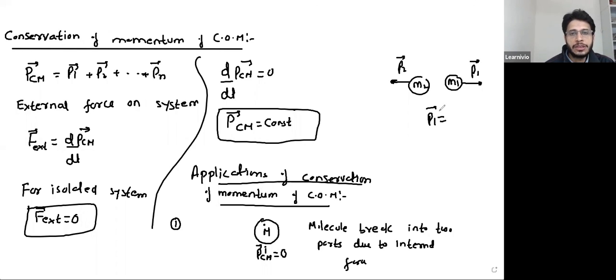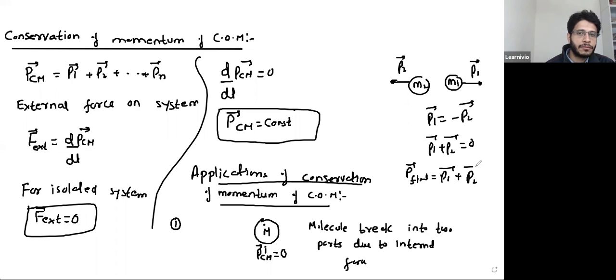Like P1 is equal to minus P2, which means P1 plus P2 equals 0. And this is the final momentum of the system. So if a molecule breaks into two parts due to internal forces, then the two parts will move in exactly opposite directions with the same momentum, so that the final momentum of the center of mass remains conserved. This is again the principle of conservation of momentum of center of mass.